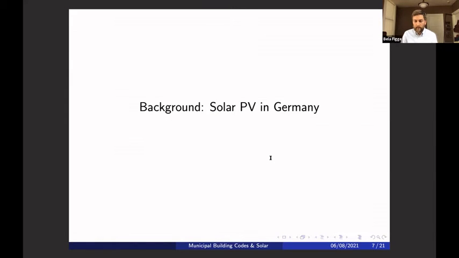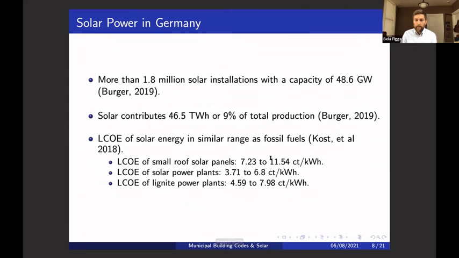So I'll give you a little bit of background on solar energy in Germany. Solar is already about 9% of total production of electricity in Germany, with an installed capacity of almost 50 gigawatts.